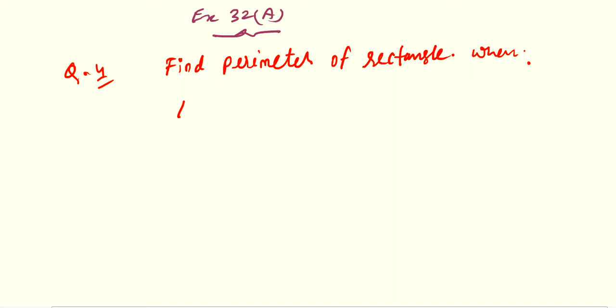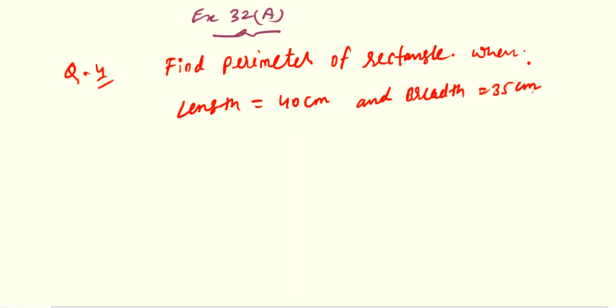The first question is length equals 40 centimeter and breadth equals 35 centimeter. Now the perimeter of a rectangle, you know the formula very well: 2 into in bracket length plus breadth.